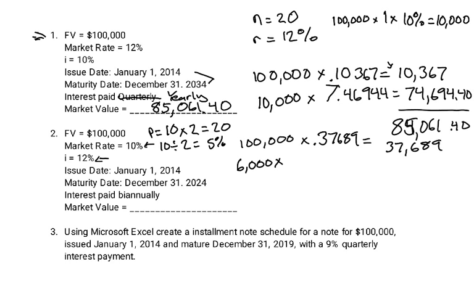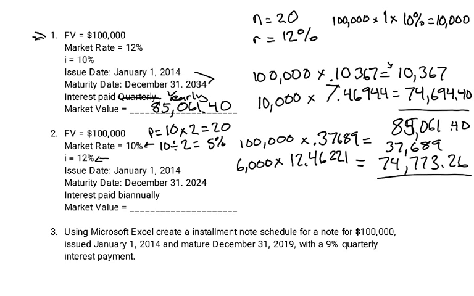Now we're going to multiply that by the factor that we're going to find again on the present value of annuity, 12.46221, and that'll give us an answer of $74,773.26.